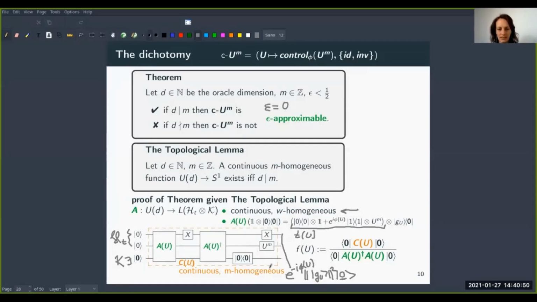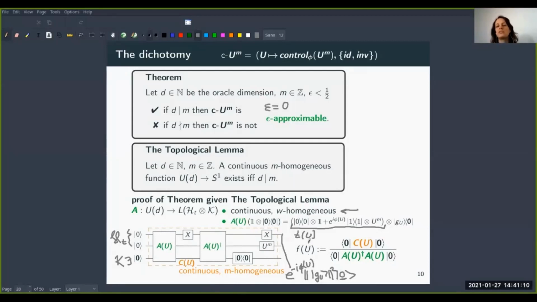And also note that the circuit, when seen as a function on operators, is continuous because all of its constituents are continuous. And A is W homogeneous, A dagger is minus W homogeneous, and U to the M is M homogeneous, so C is M homogeneous.